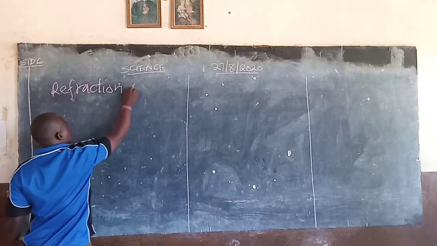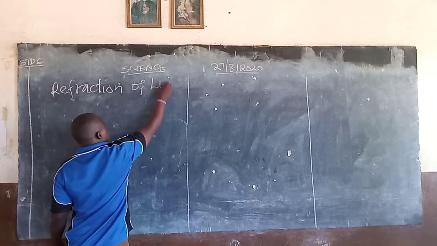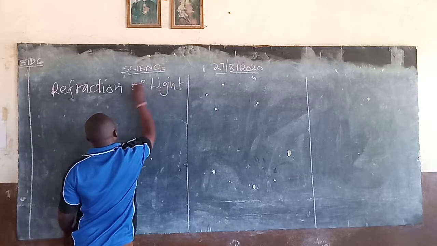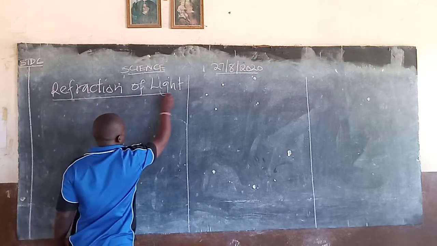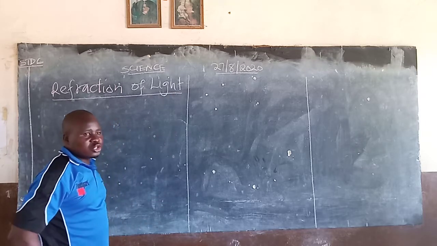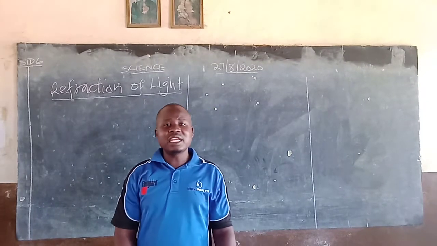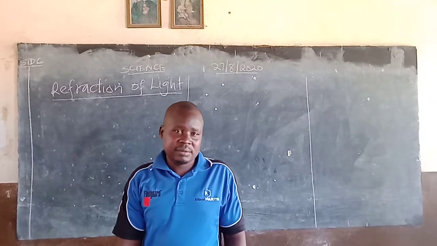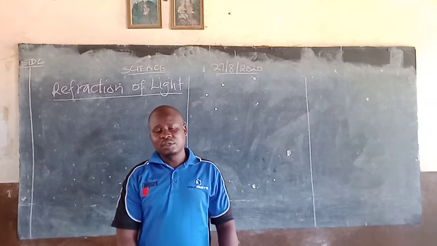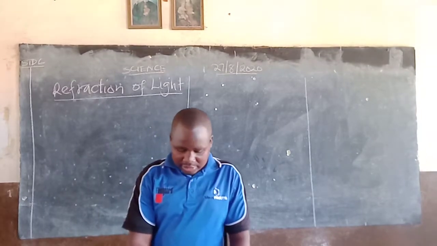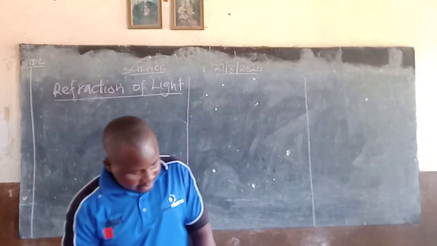Refraction of light. Now, what is refraction? Refraction is the bending of light. How can light bend? We'll look at this and see where the light bends.